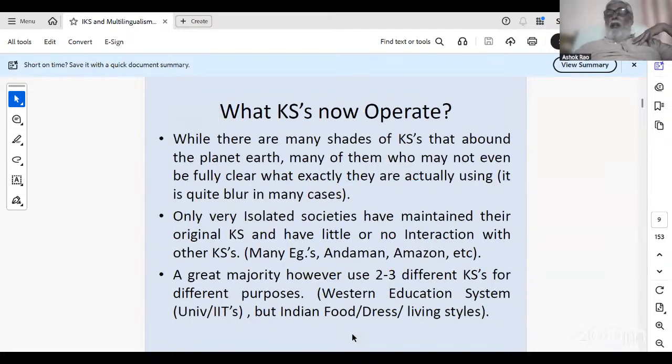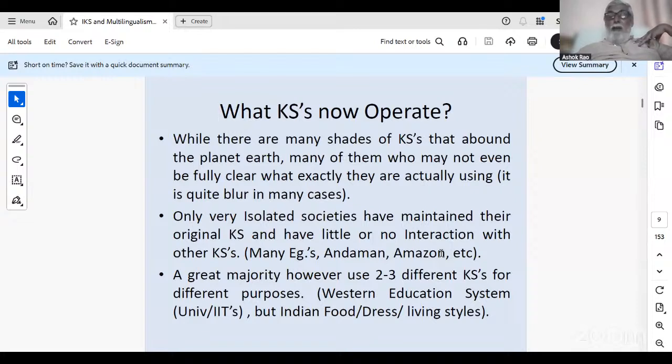Now, what knowledge systems operate? A large number of knowledge systems operate. Only very isolated societies have maintained their original knowledge system and have little or no interaction with other knowledge systems. You find them in Andaman, you find them in Amazon, you find them in remote areas of India too.